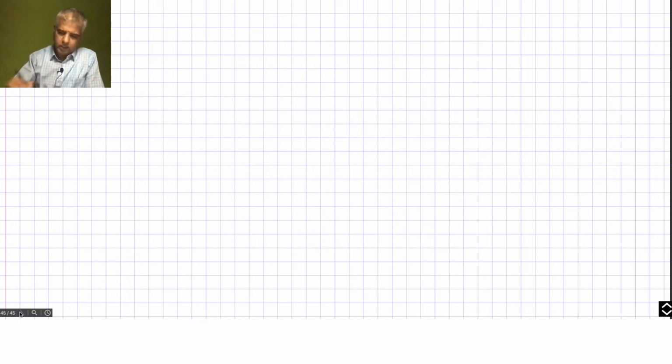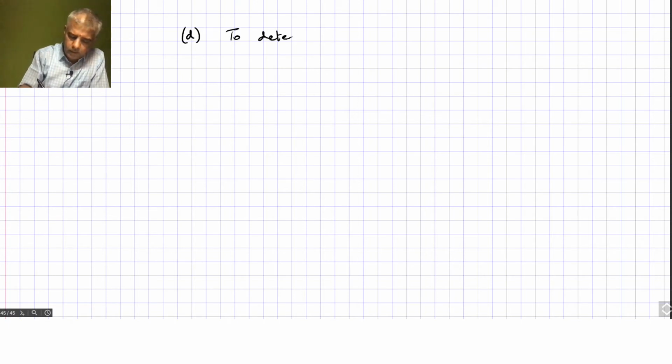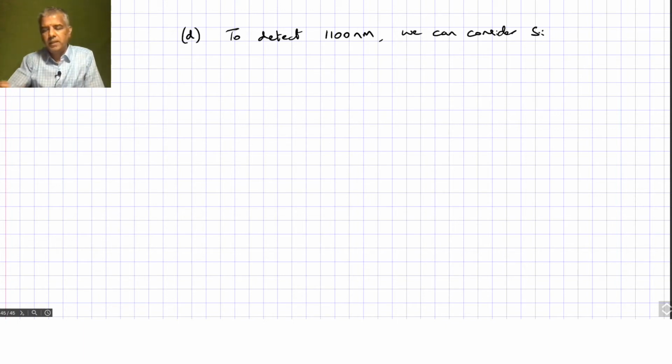And when we look at that material, we find that to detect 1100 nanometers, we can consider silicon, because silicon has responsivity typically from 400 nanometer to close to about 1100 nanometers, but that's right at the band edge, right?